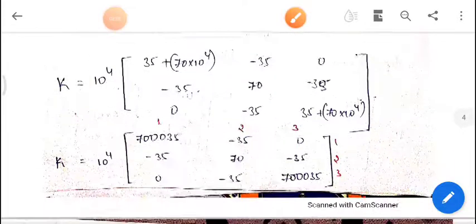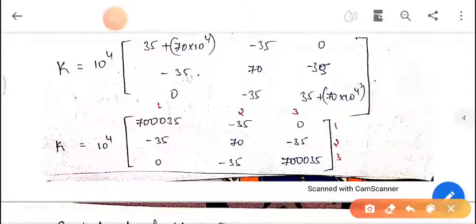Once we do this, you need to simplify. Next if you add this, you will get 7 lakh 35, and similarly if you simplify this, you will get this.